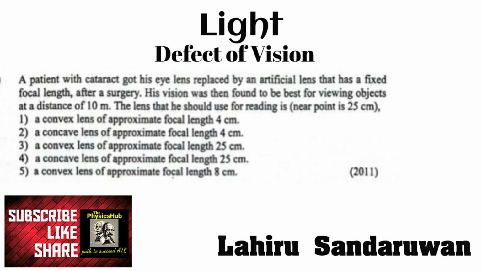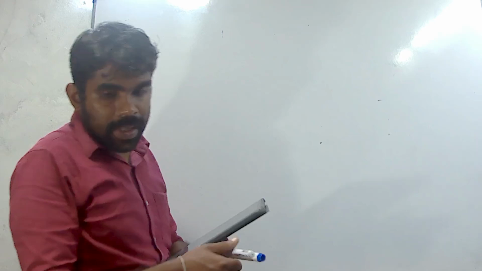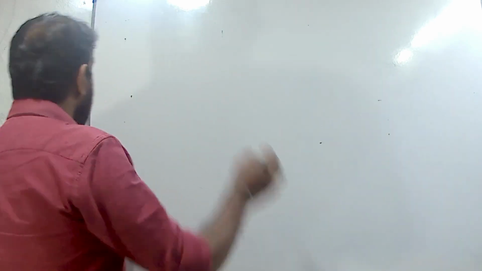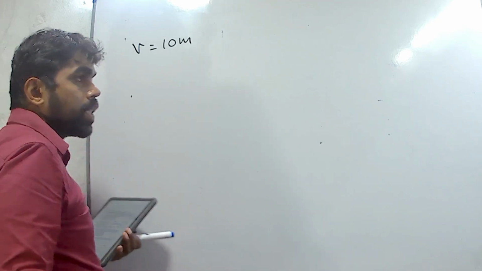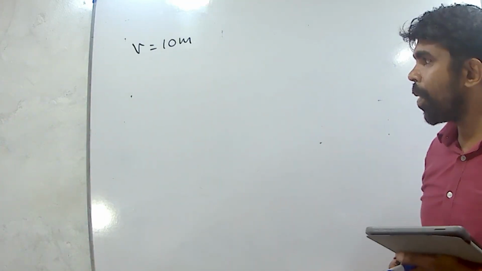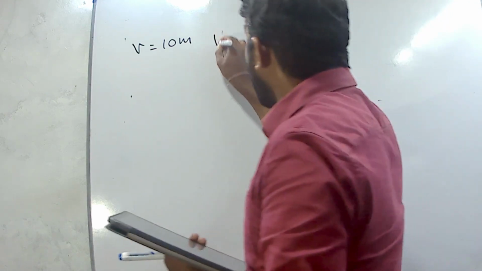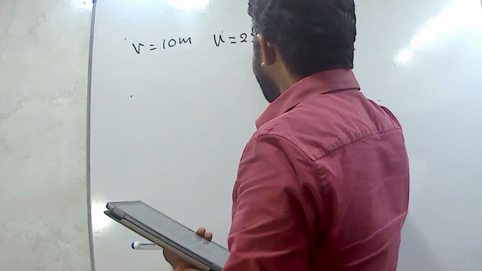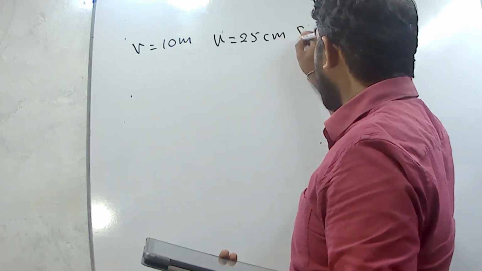We have to find the lens he has to use for reading. Near point is given as 25 centimeters. Then an image should be formed at 10 meters. It is his near point of distinct vision after the surgery. Object should be placed at 25 centimeters. We have to find the focal length.